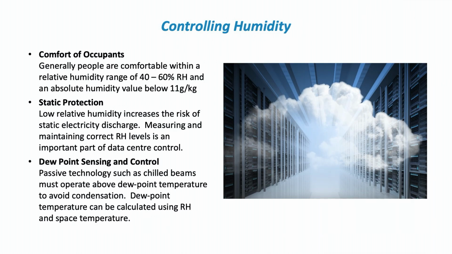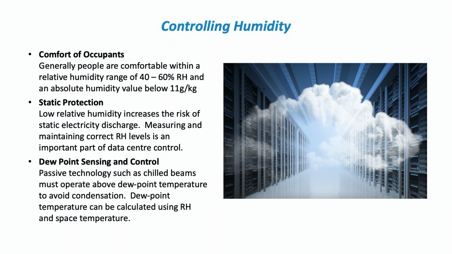And we also control humidity within spaces, again, for the comfort of occupants. A lot of people, and particularly I see this over and over again with maintenance teams, are tasked with controlling the temperature at 22 degrees C and nothing else. But people's comfort is also affected by humidity.